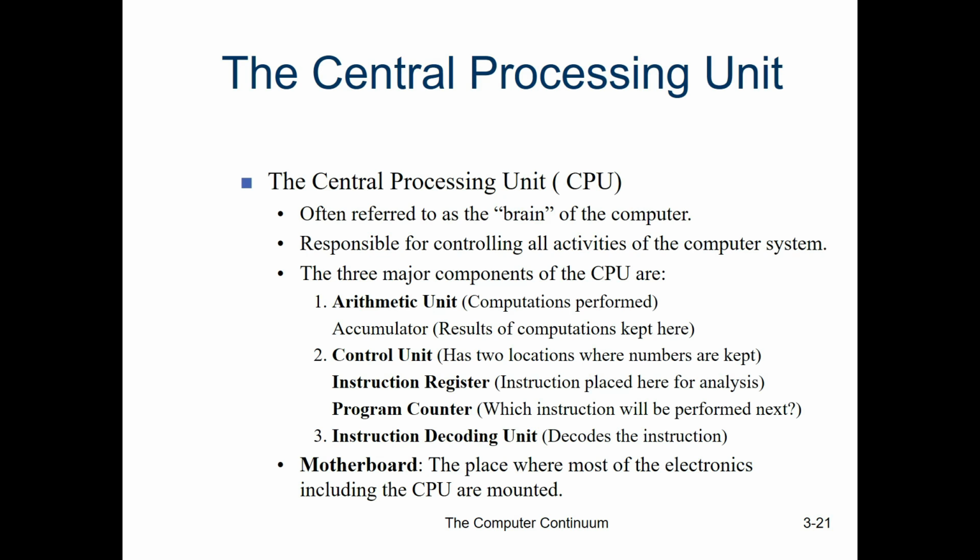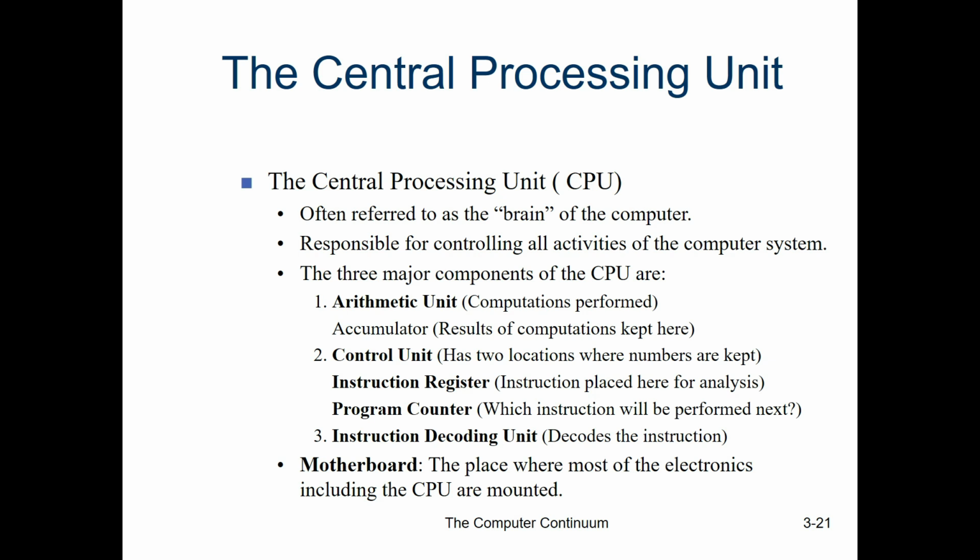All right, then the second part is the central processing unit. It's called the brain of the computer, right? Because it does all the tasks, all the processing, and it uses the memory. It takes input from input devices and gives the output after processing it.